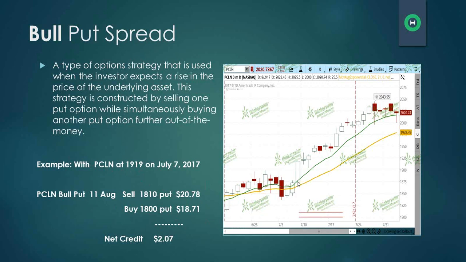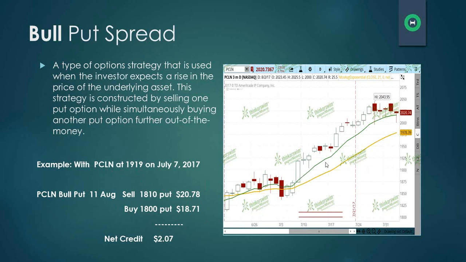Now, the interesting part about that is we are way out of the money. And this had about, I think, 20 days, 25 days till expiration. So the other nice thing about the credit spreads, in this case it's a bull put, is if it goes up, we can profit.